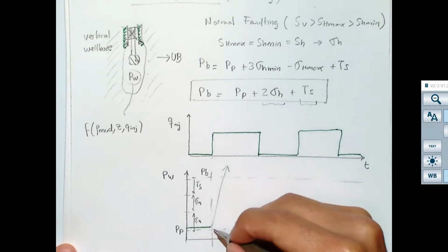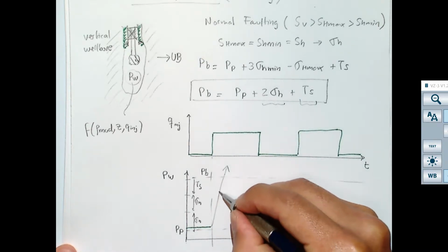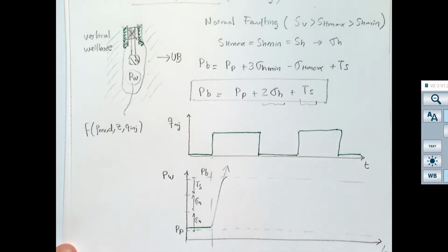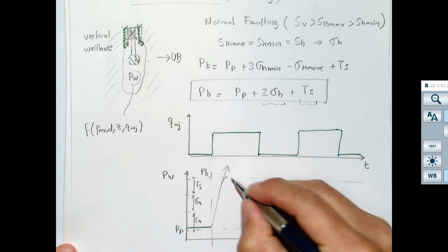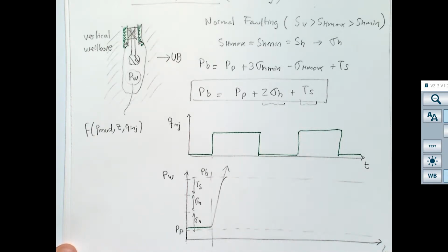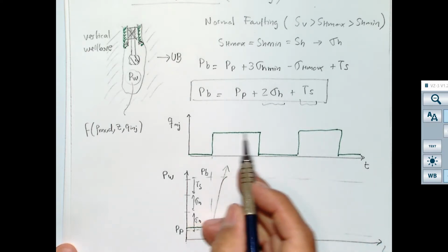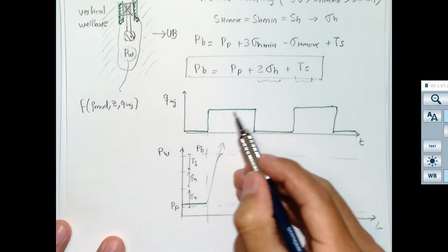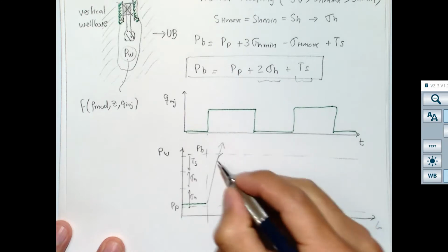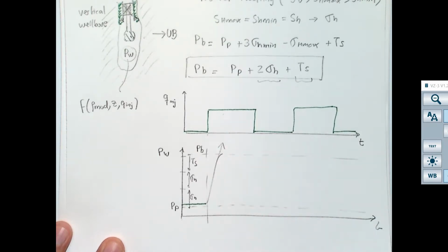So pressure is going to go up, and then it's going to reach a peak, and if you keep on injecting, notice that here injection rate is still constant. What do you think is going to happen at that point?